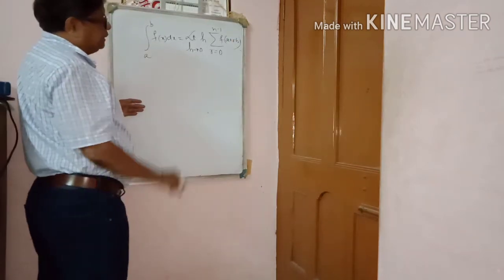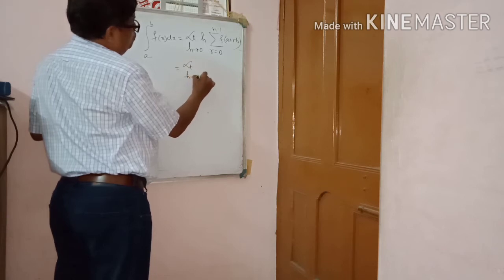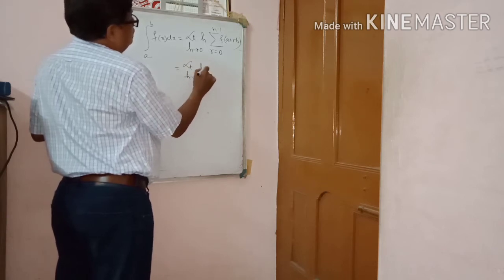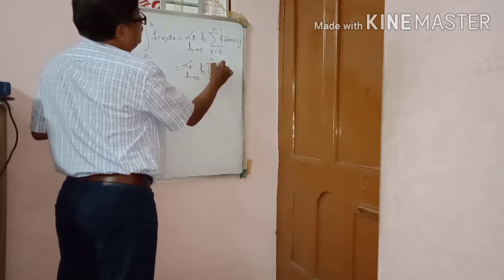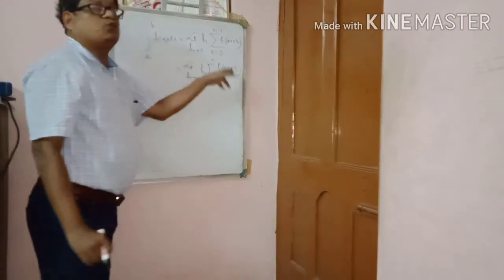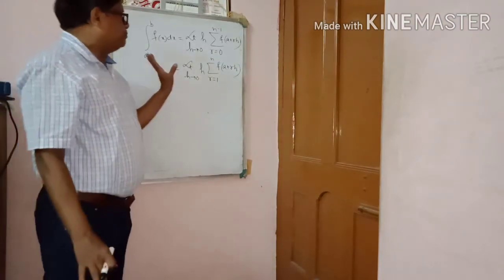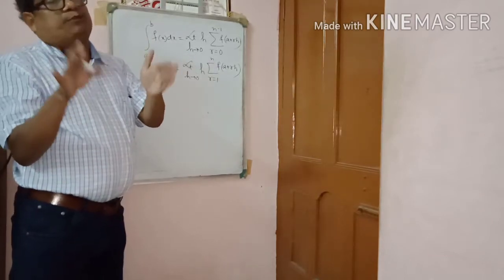Also we can write limit h tends to 0 of h summation r equal to 1 to n f of a plus rh. We have to prove both are equal.